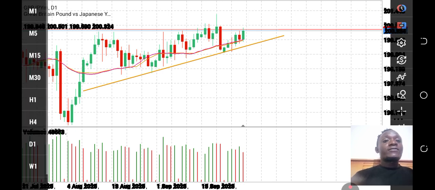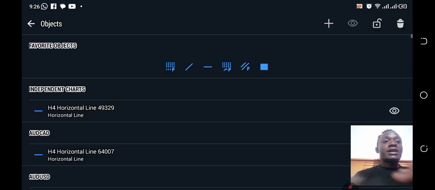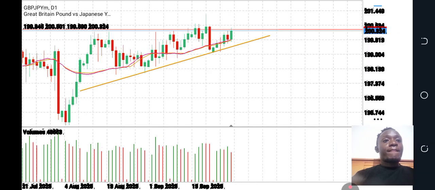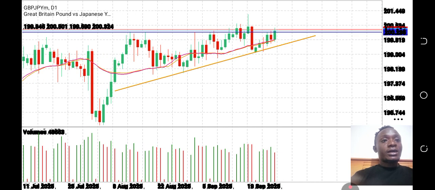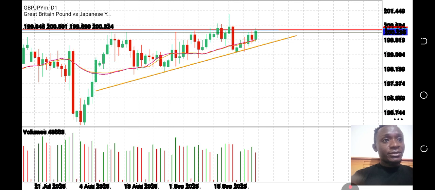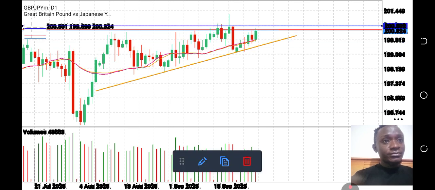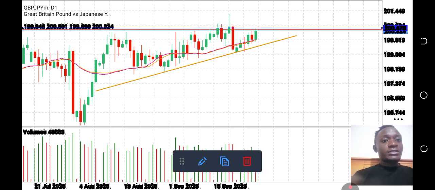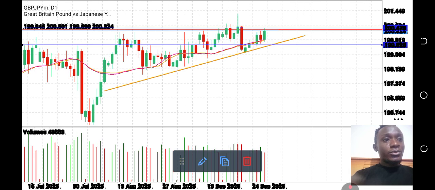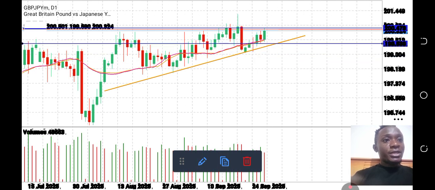So we have to mark the highs and the lows of that Friday candlestick. Our high will be up at that particular point exactly, and our low would be at that point.